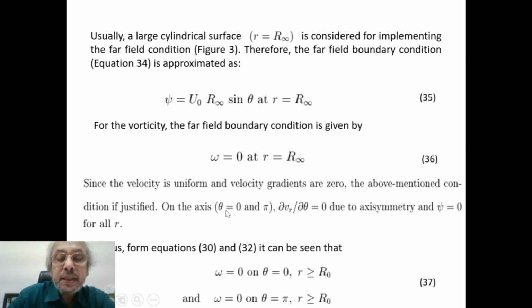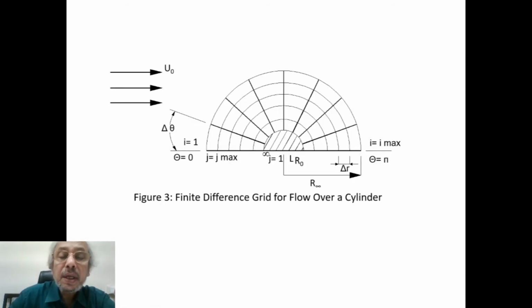On the axis, theta equal to 0 and pi, ∂V_r/∂theta equals 0 due to axisymmetry, because theta is the variation in this direction.